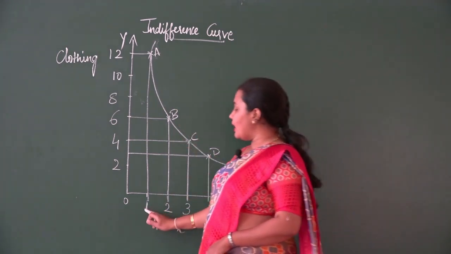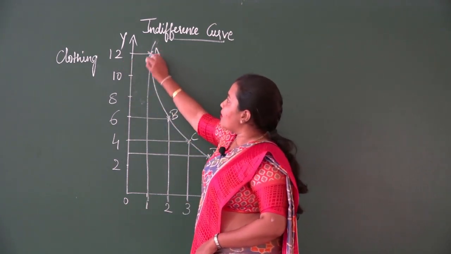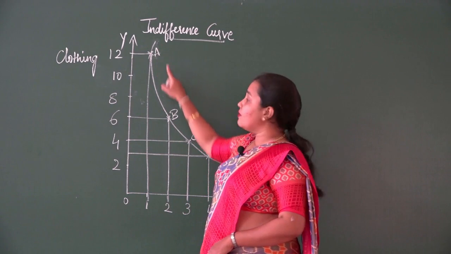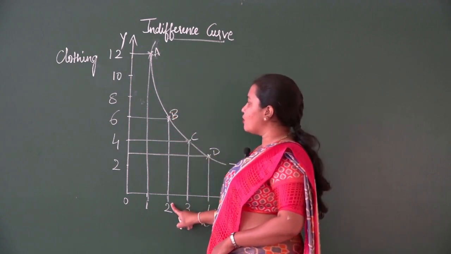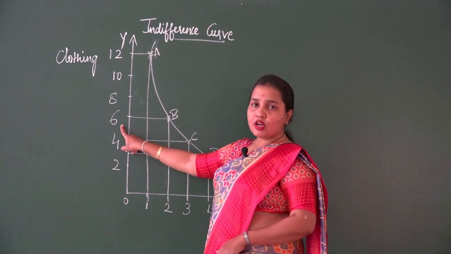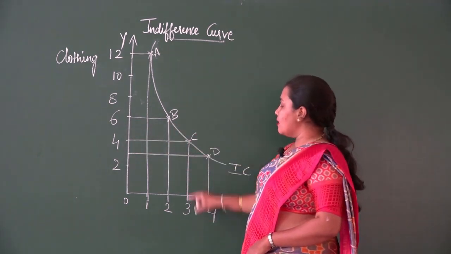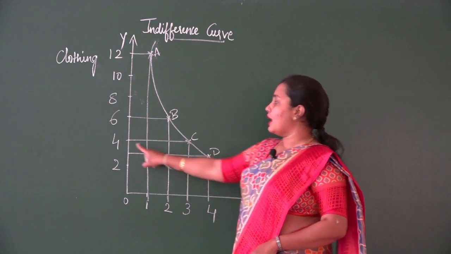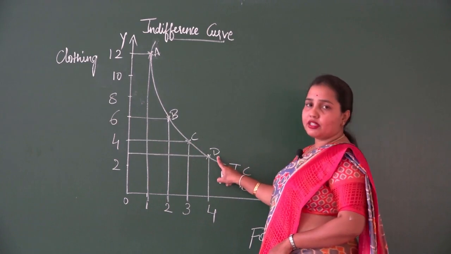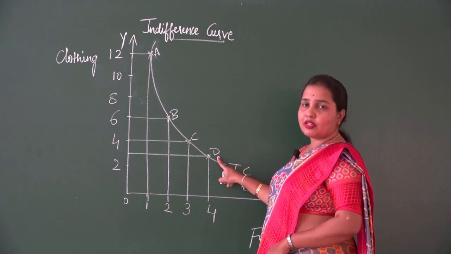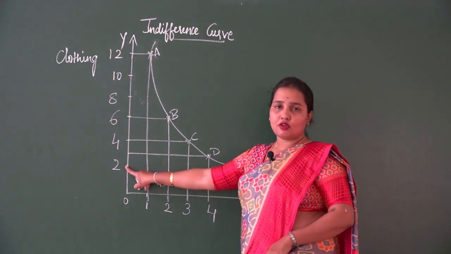When we take 1 unit of food and 12 units of clothing, we can plot point A. We can also plot point B by taking 2 units of food and 6 units of clothing. Then we can plot point C by taking 3 units of food and 4 units of clothing, and the last point, point D, can be plotted by taking 4 units of food and 2 units of clothing.